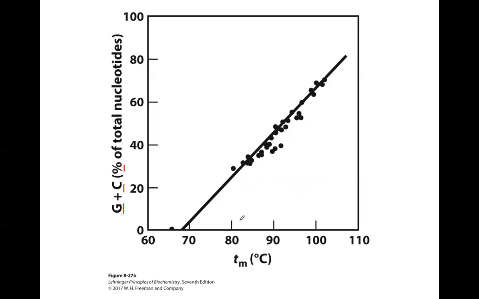So you can see, for example, from 80 degrees, you can go to 100 degrees by increasing the GC content from 30% to 70-something%.